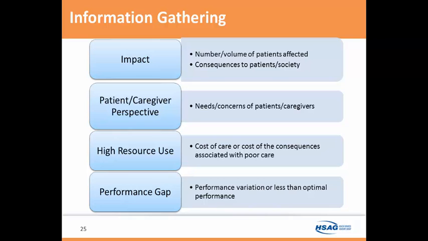Such information to inform impact are the number or volume of patients affected by reporting incidence or prevalence rates; disparities in population health, that is, one group having more or less favorable outcomes than another; consequences to patients or society, for example, indirect costs from wages or salaries lost when ill; and the major benefits of the focus of the measure, for example, heart attacks not occurring, or hospital length of stay decreased; and the expected magnitude of benefits, including specifying how the measure meets the needs and concerns of consumers or patients; untoward effects of the focus of the measure and the likelihood of their occurrence; high resource use, that is, the cost of care or the cost of consequences associated with poor care.